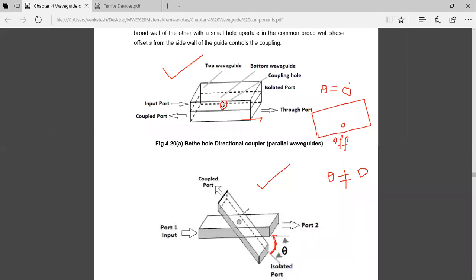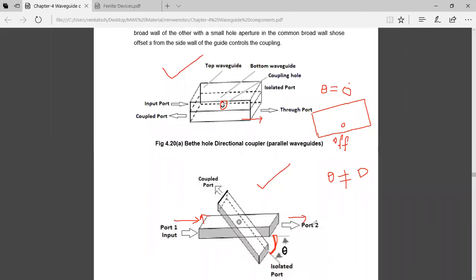Consider port 1 as the input port. The bottom waveguide is the main waveguide, with port 1 and port 2. When the signal is transmitted here, the electric field will be vertical and moves toward port 2.